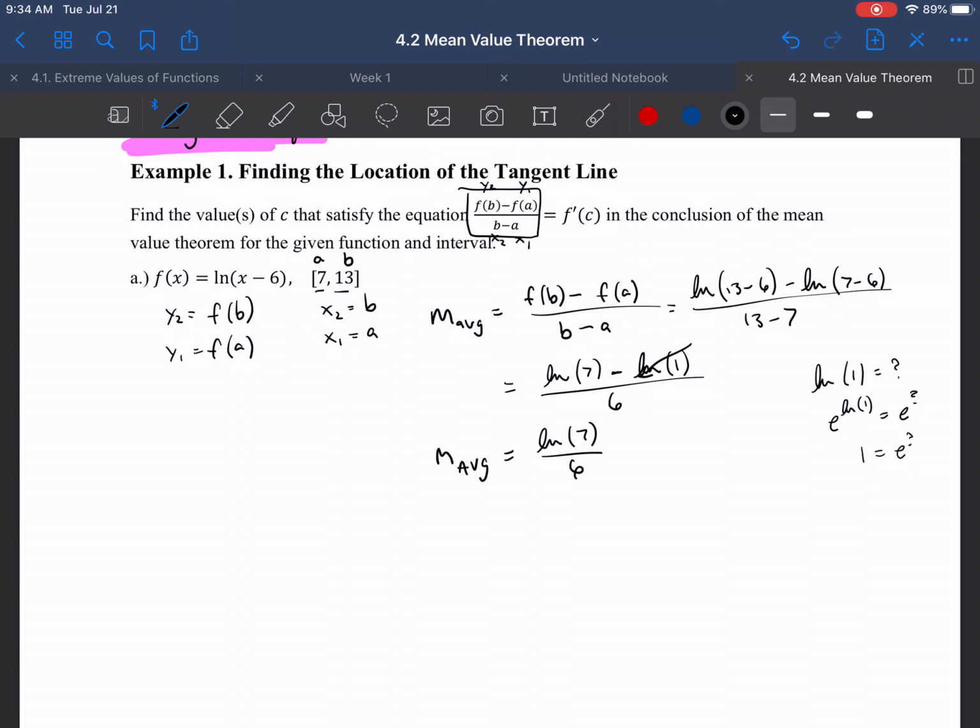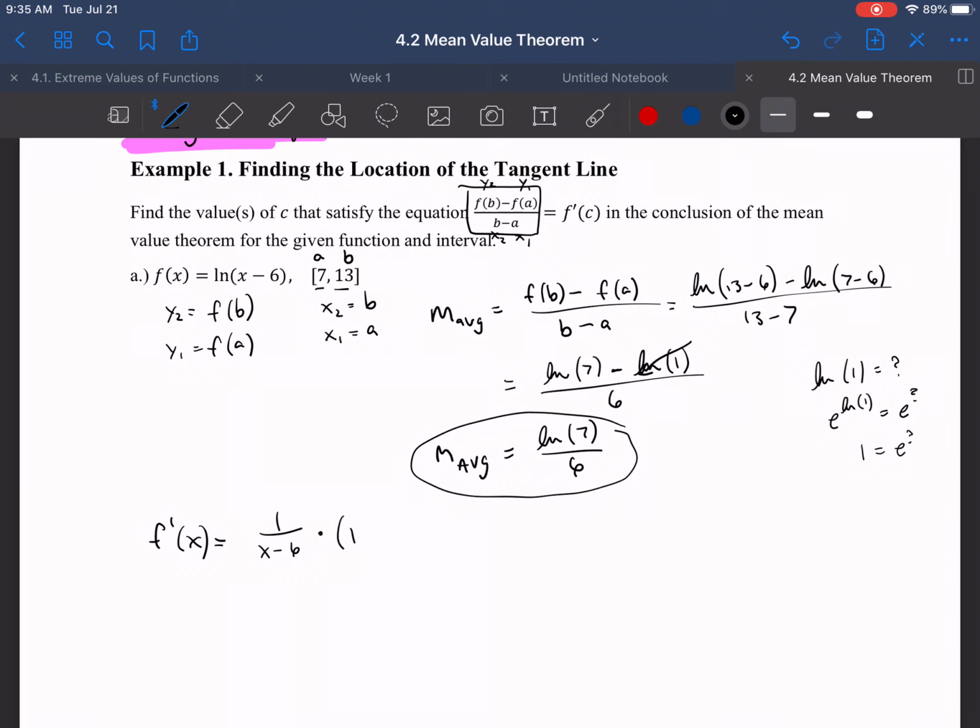Okay? So now what we want to do is take a look at the derivative function and find everywhere that it actually equals that. So let's take the derivative of this function. So f prime of x is going to be the derivative of the natural log, so we're chain ruling it here. We have to do the derivative of the outer function, which is the natural log. That's 1 over what's on the inside times the derivative of what's on the inside. Well, the derivative of x is 1, and the derivative of 6 is 0.